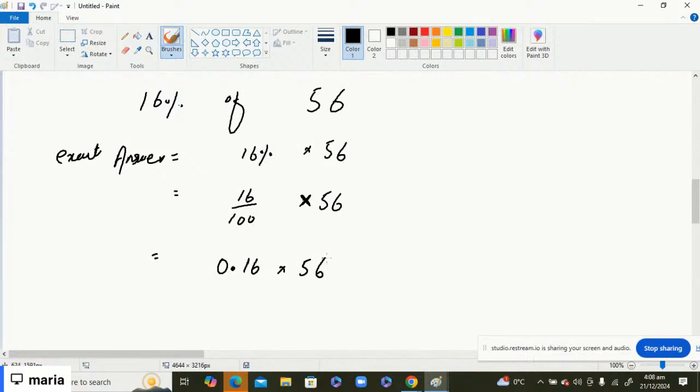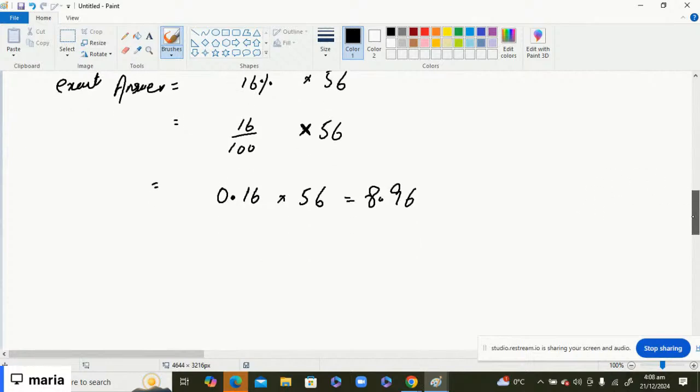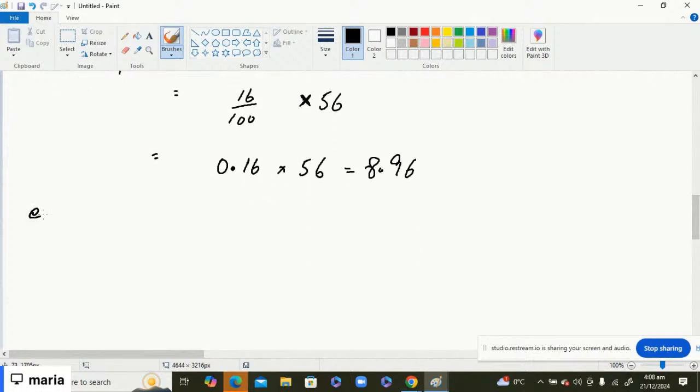So that becomes 8.96. Okay, this is the exact answer. But what is the estimation? This is 9. Here is 8.96 and here is 9. This is your estimation answer.